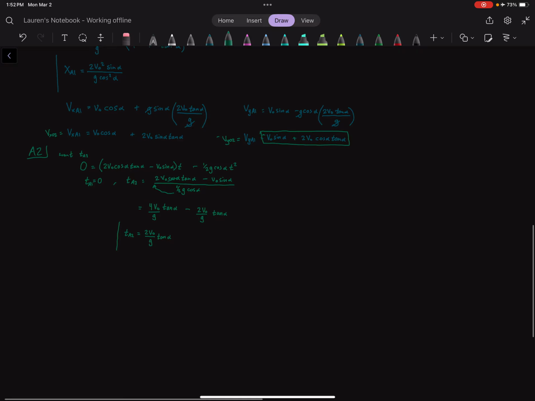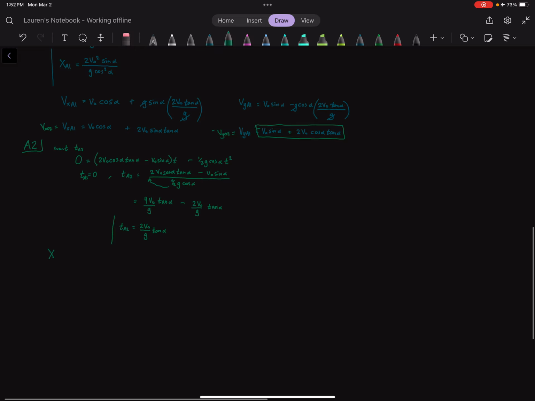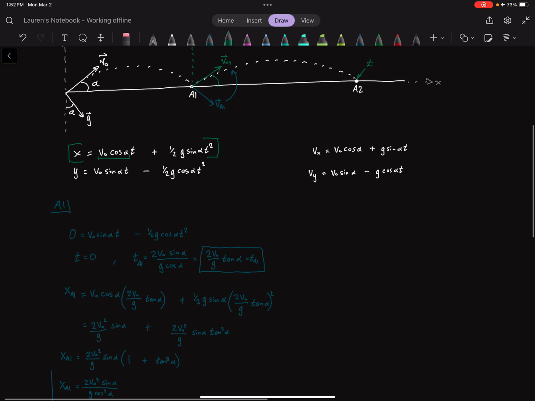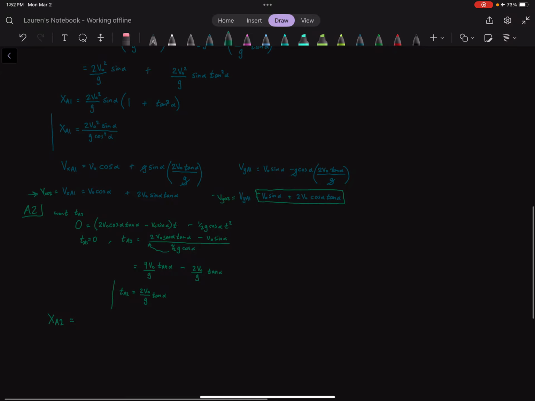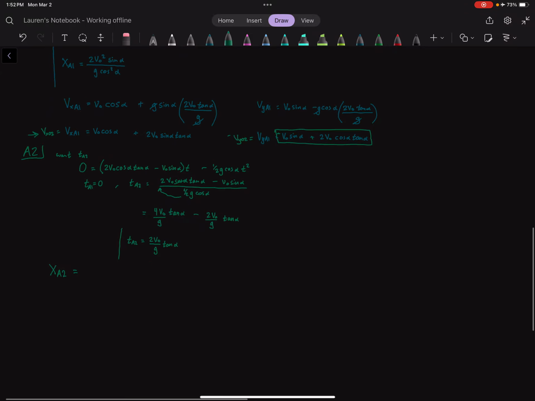So we can go now to x at point A2 is equal to, this part is the x component of velocity, v naught 2, and that is here. So we're going to plug that in. So v naught cosine alpha plus 2 v naught sine alpha tangent alpha.